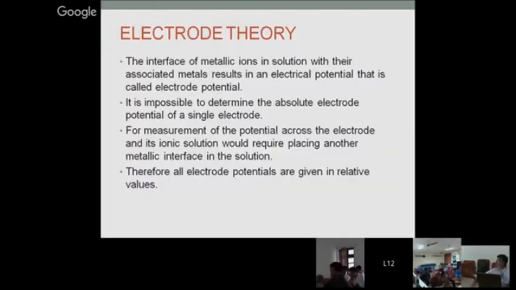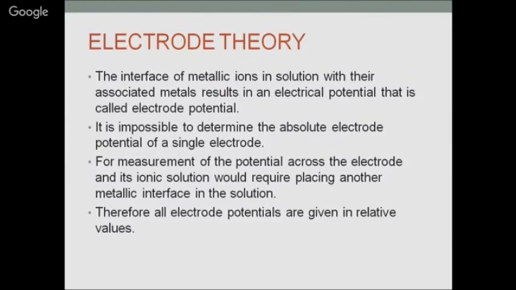You cannot find that out. So that is why we always go for differential measurement, always a relative thing. Relative means between two electrodes, what is the difference? That difference you are measuring. You are not measuring the actual thing.